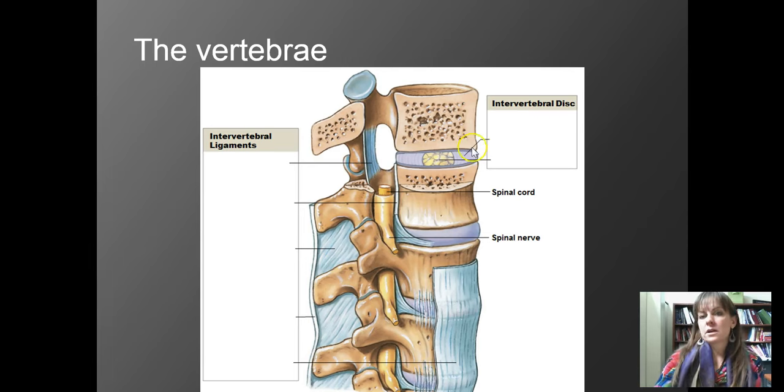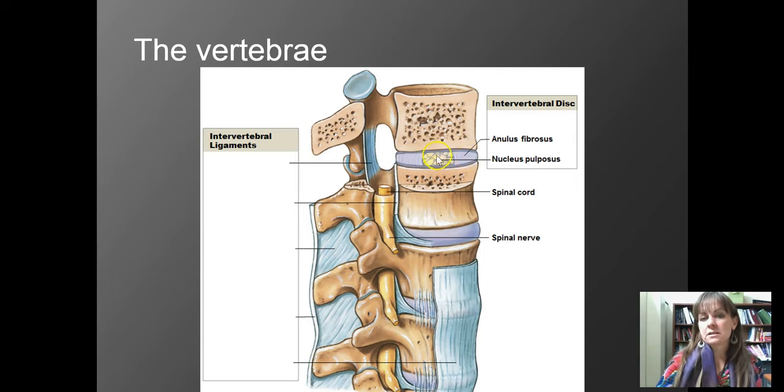Okay, so the first thing I want to talk about more is the intervertebral disc that you find. It's going to be between the two bodies. And this intervertebral disc is going to have two portions to it. It's going to have a nucleus pulposus, which is kind of a gelatinous, squishy center in the middle. And then surrounding that on the outside in all directions is going to be the annulus fibrosus. And the annulus fibrosus is actually the fibrocartilage part.